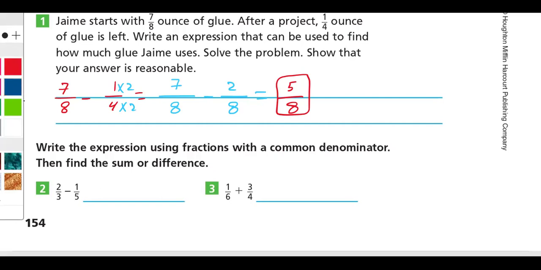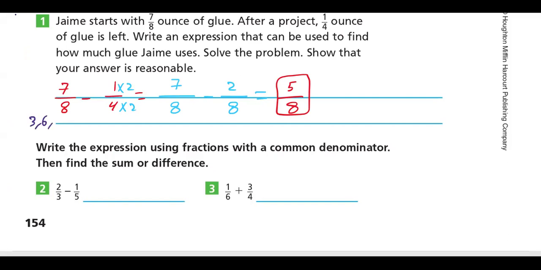Okay, so 3 and 5. We have to write table 3 and table 5. As we know, table 3 is 3, 6, 9, 12, 15, and so on. Table 5 is 5, 10, 15, and so on.